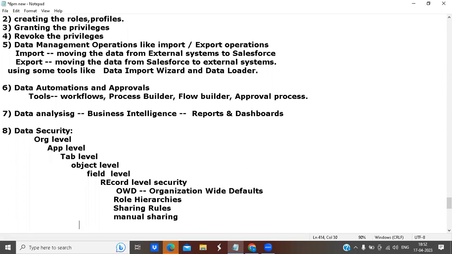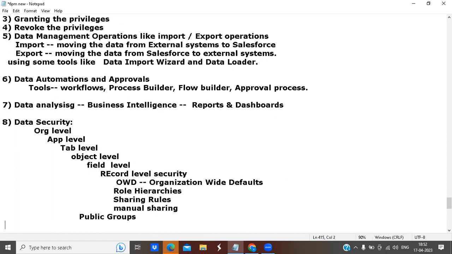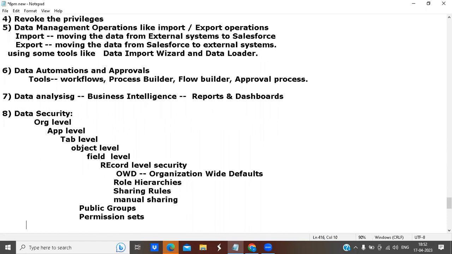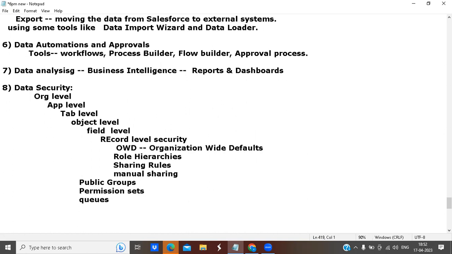Apart from that, we have something like public groups, permission sets, private, queues. These all come under data security aspects. Understand everyone? These are the roles and responsibilities of a system administrator.